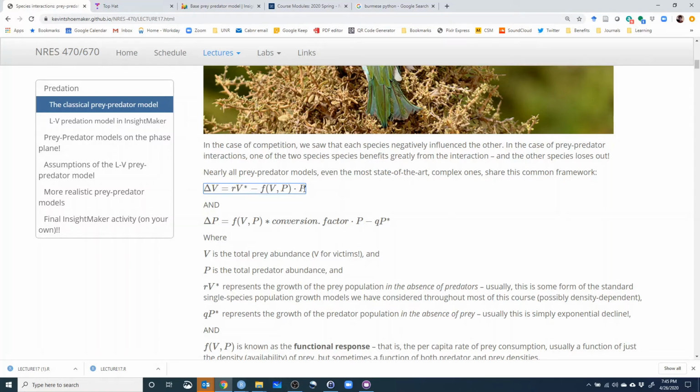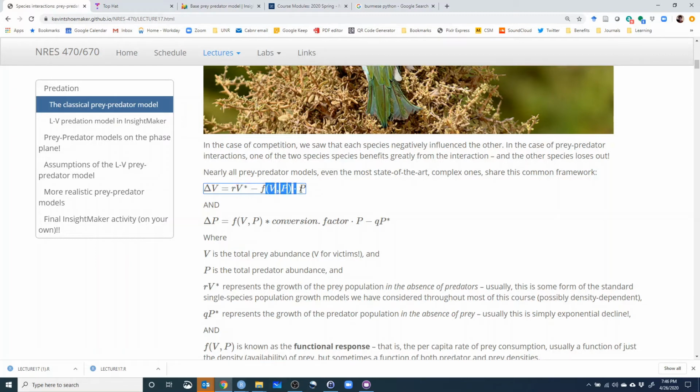Now, if there were no predators, this whole term would be 0. In the absence of predators, the prey would be assumed to grow exponentially, right? And I put an asterisk here to represent the fact that maybe we'll include density dependence. So this RV asterisk just represents any of the population growth models that we've already talked about. So it's just a generic population growth model, perhaps density dependent, perhaps not.